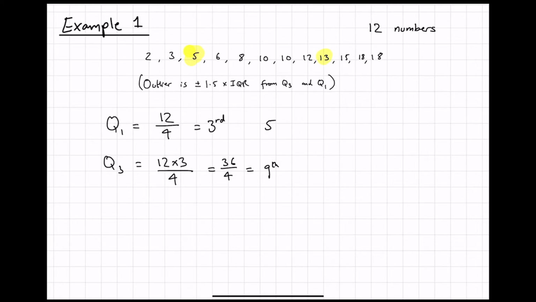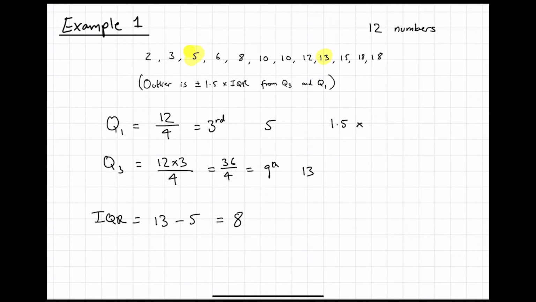Now, according to our equation, what we said was the outliers were anything which were plus or minus 1.5 times the interquartile range. So let's do that here. For anything to be an outlier from Q1, it has to be 1.5 times the interquartile range. We can write the interquartile range as the 9th number, 13, minus 5, which gives us 8.